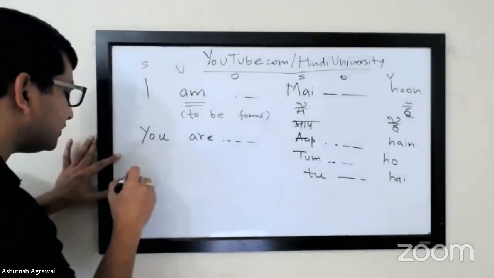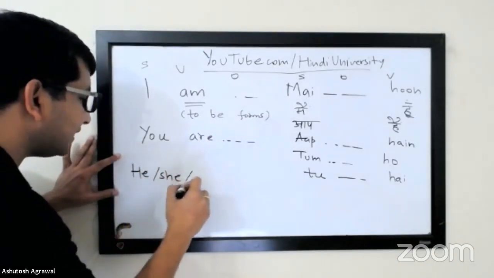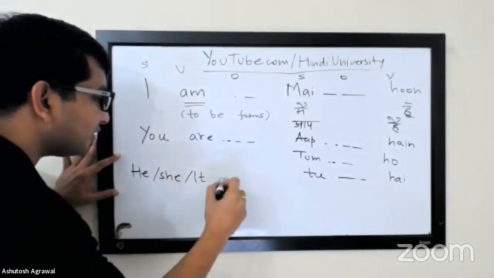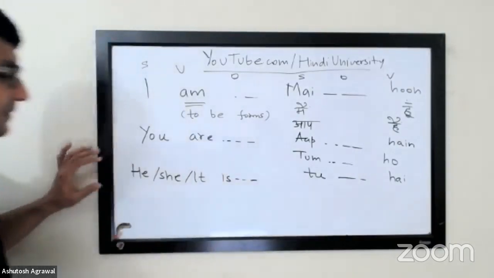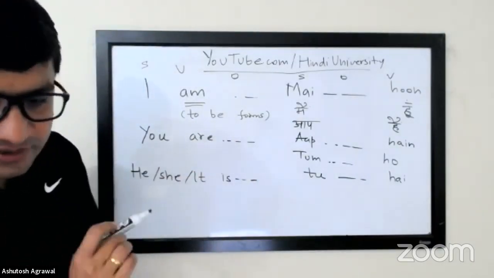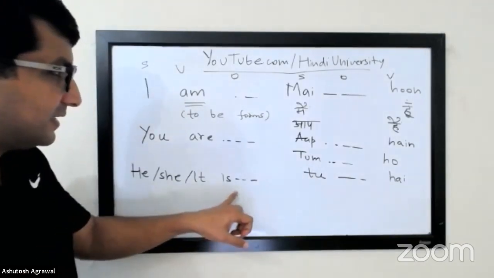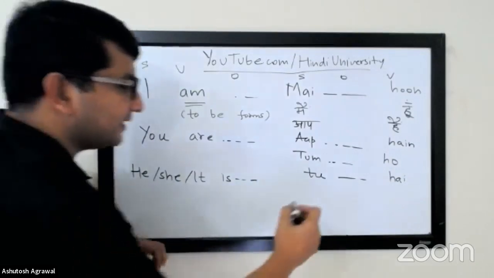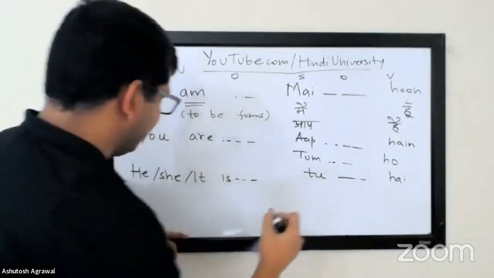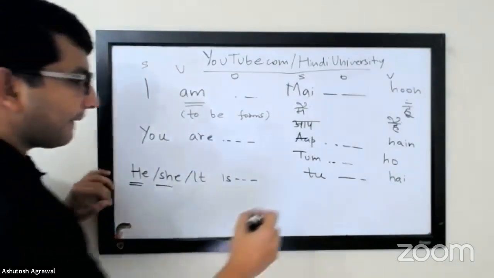Now let's do this one: he, she, and it, and then "is" and "it is." How will you say that in Hindi? Scott, what do you think? I think this should be easy for you. ये है, यहाँ है... sorry, for he and she it will be वह है.